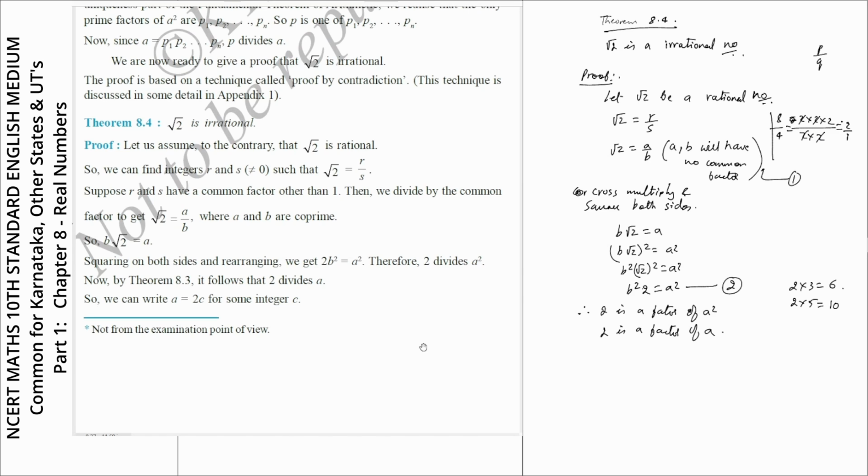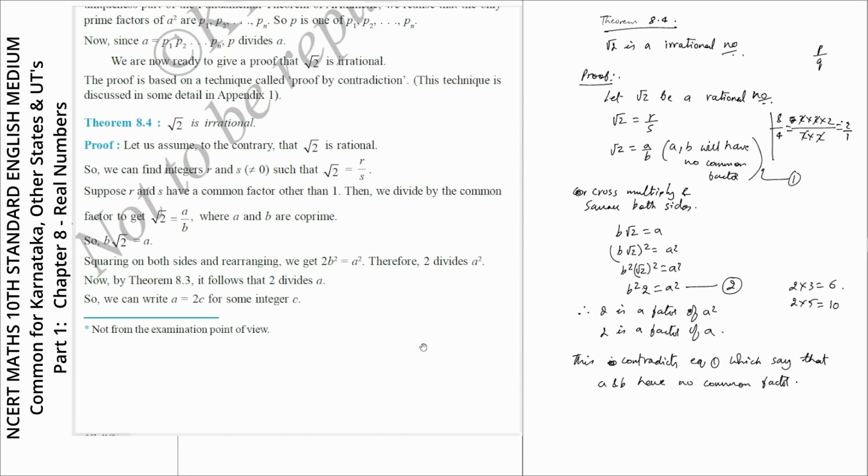So equation 2 is contradicting equation 1, which says that a and b have no common factor.